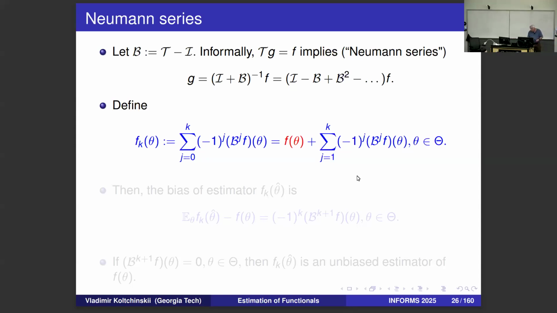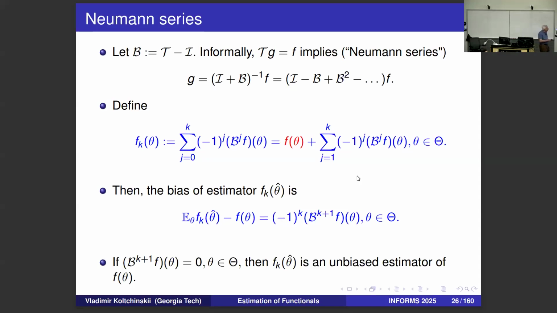So basically, after k iterations, we are getting function fk this way, right? And fk of theta hat becomes our estimator after k iterations of bias reduction. And the bias of this estimator can be easily expressed in terms of the k plus first power of operator b.